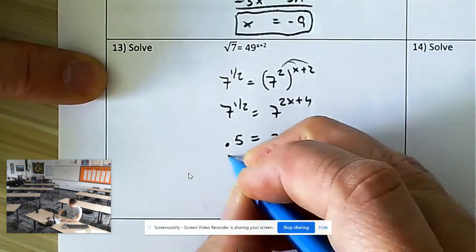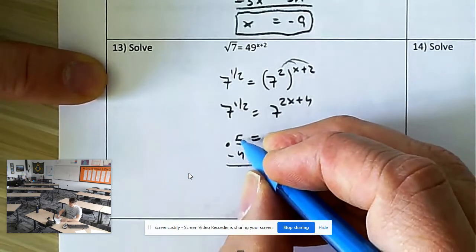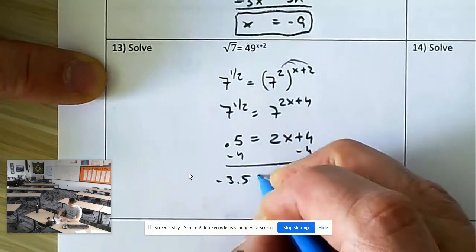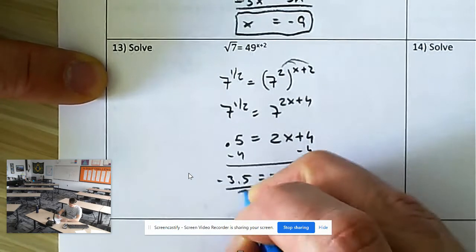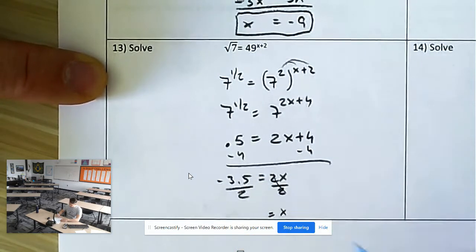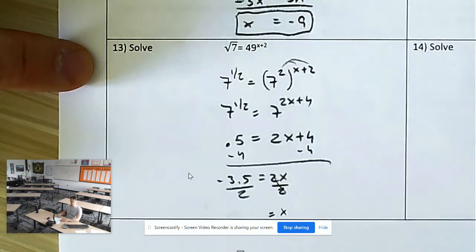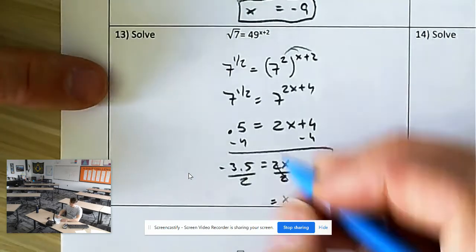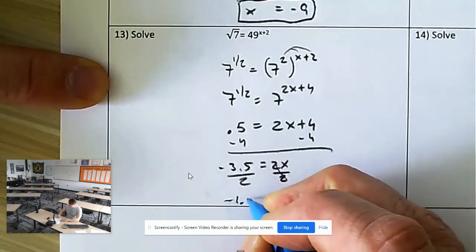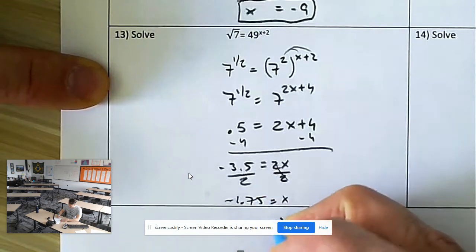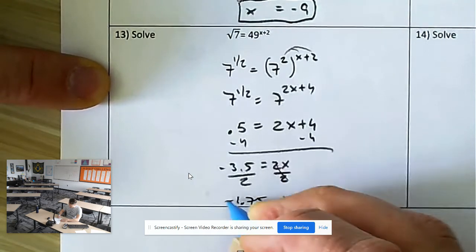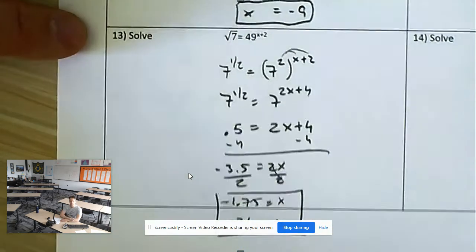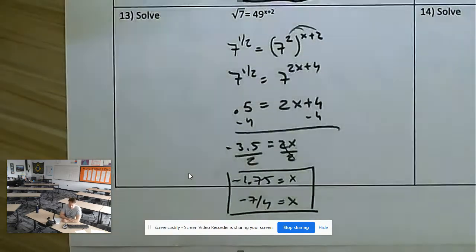And we'll take away 4 from both sides. Positive 1/2 minus 4 is negative 3.5. Dividing by 2, I get x equals negative 3.5 over 2. That's kind of a gross answer. Negative 1.75, or if you want as a fraction, negative 7/4. Sometimes the answers aren't very pretty. That happens.